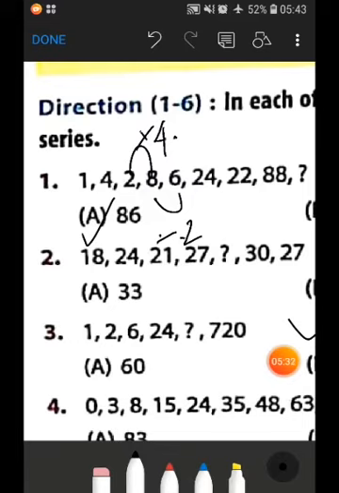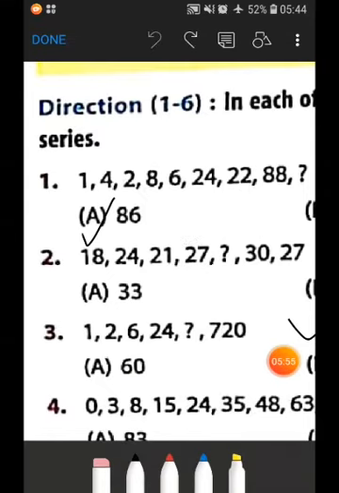Now again we are multiplying 6 by 4. We are getting 24. Now again we are subtracting 2. So in this way we can see that first we are multiplying by 4, then we are subtracting 2. So this pattern is multiply by 4 and subtract 2.